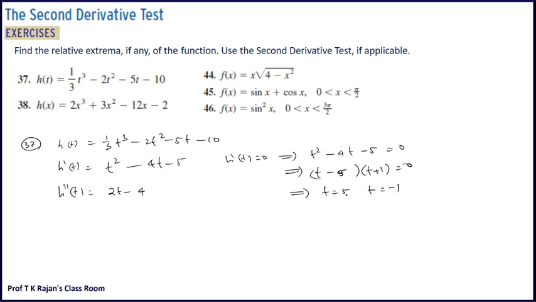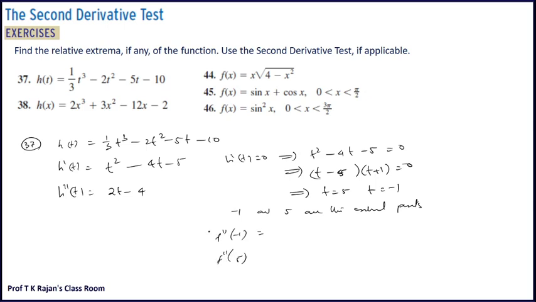So −1 and 5 are the critical points. Normally extremum points occur at the critical points. So you calculate h''(−1) and h''(5).